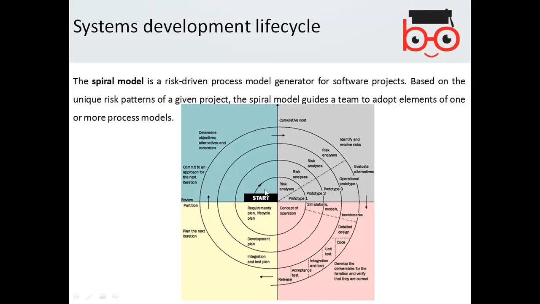You analyze the risk: are you going right, do you have sufficient resources, do you have funds, everything? Then come up with prototype one, a sample of whatever you have done. Then go to the development or deliverable.